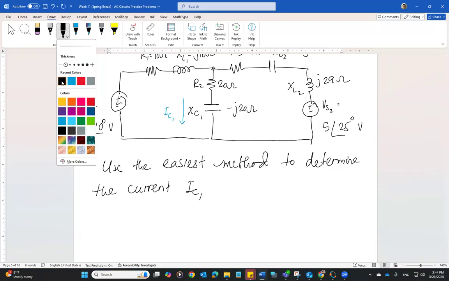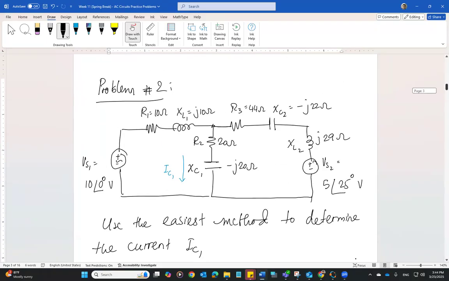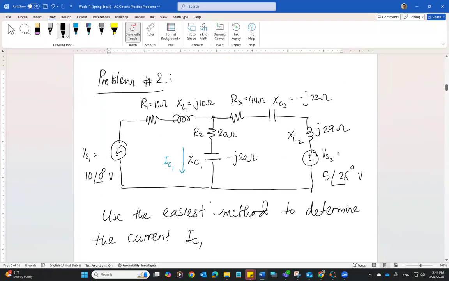So in problem number 2, let's see what has been asked. Problem number 2: use the easiest method to determine the current IC1. Okay, where is IC1? This is IC1 going through the capacitor. Now in this case, the circuit is already given in the phasor form.